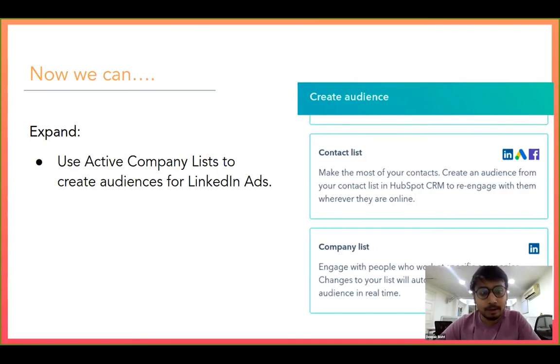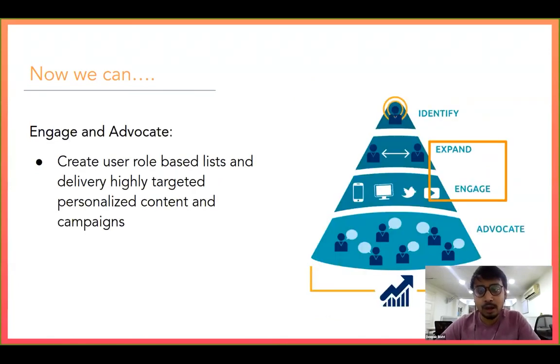So yeah, coming back to expanding your reach within your identified target accounts, using LinkedIn ads and integrating them with HubSpot and using company lists is one way. Another is how do you engage and advocate them. So there is a new property being added, a contact property which is user roles.